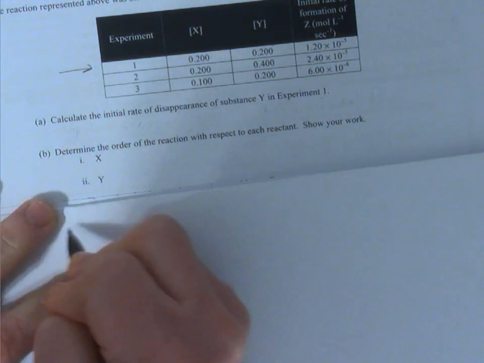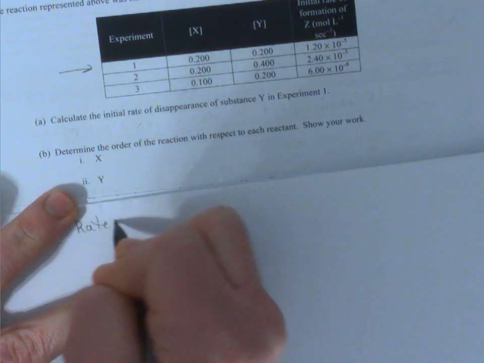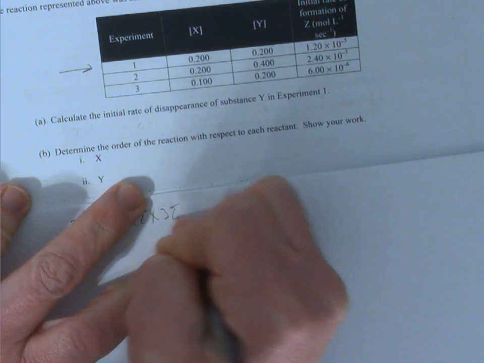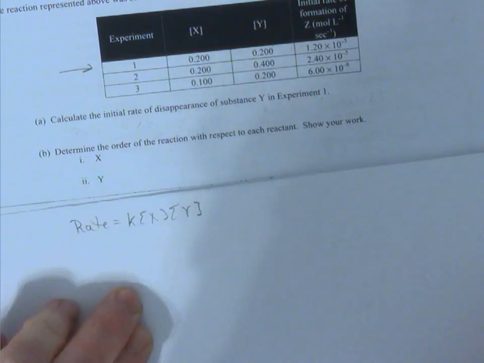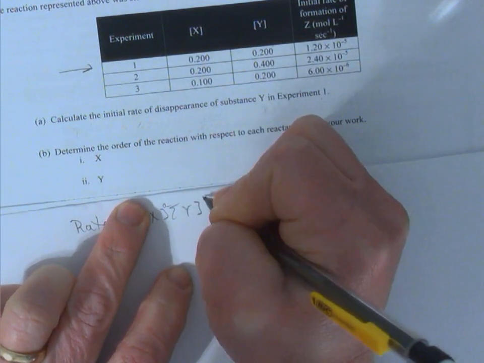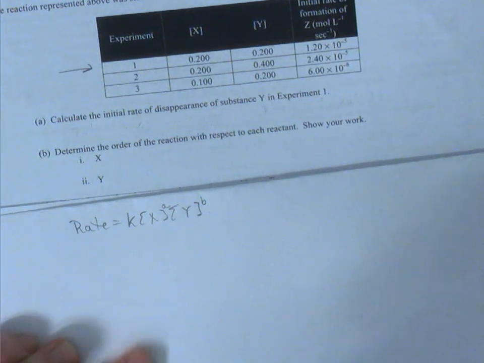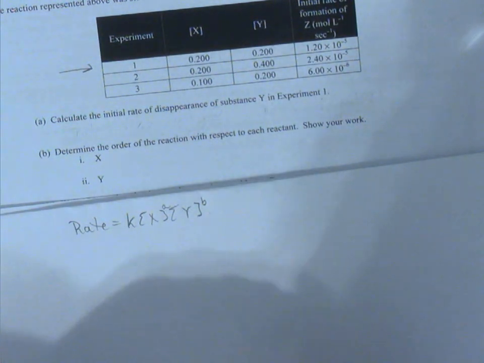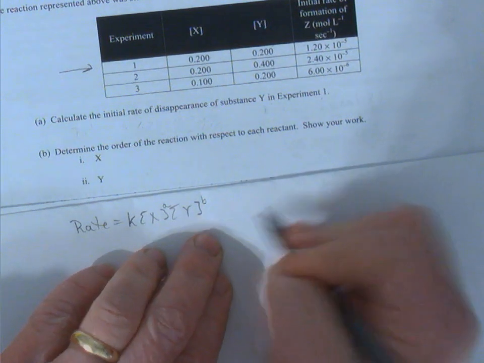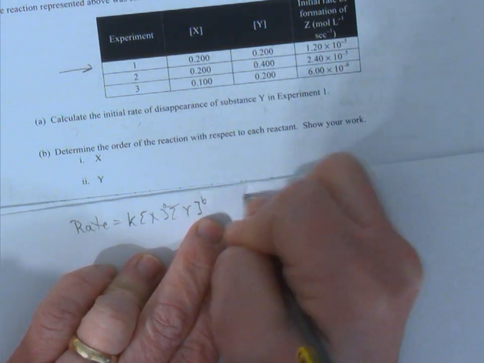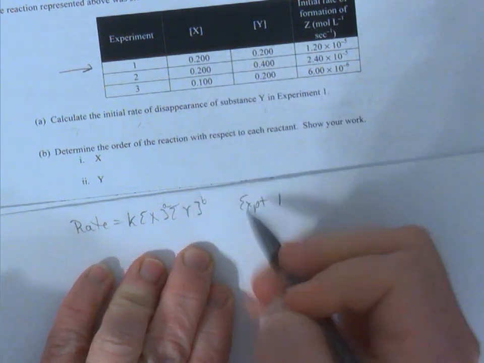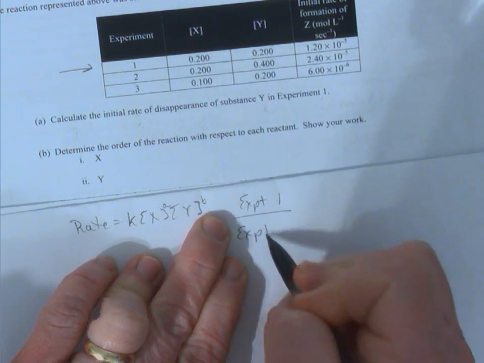So I'm looking for the order with respect to X. I'm going to call that lowercase a and then the order of Y, b. I like to put the larger numbers over the smaller numbers. So my concentration in experiment 1 is greater. So I'm going to put experiment 1 over experiment 3.